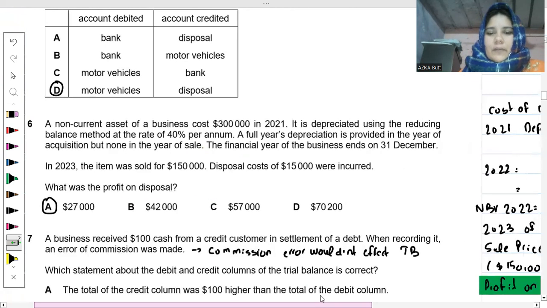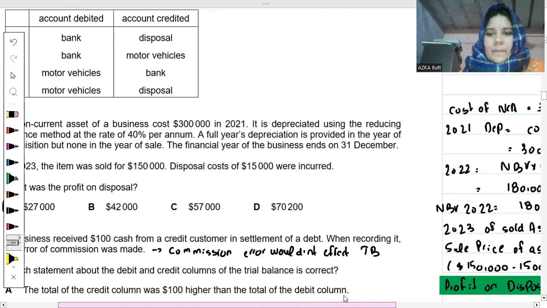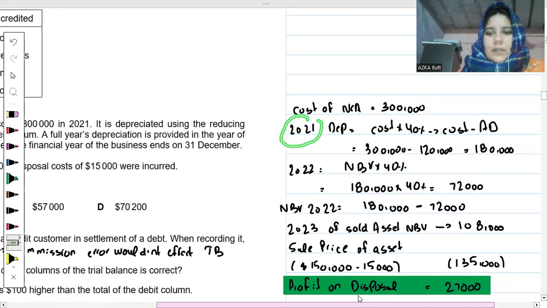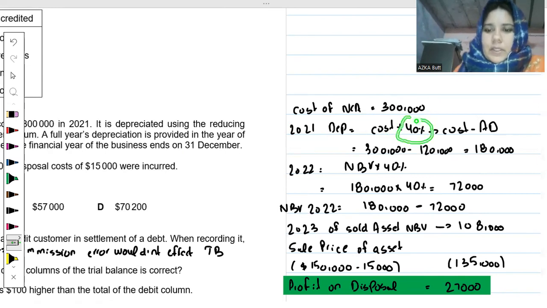First of all, we have to find out the depreciation. We purchased this asset in 2021, so in 2021 we apply this 40% on its cost.